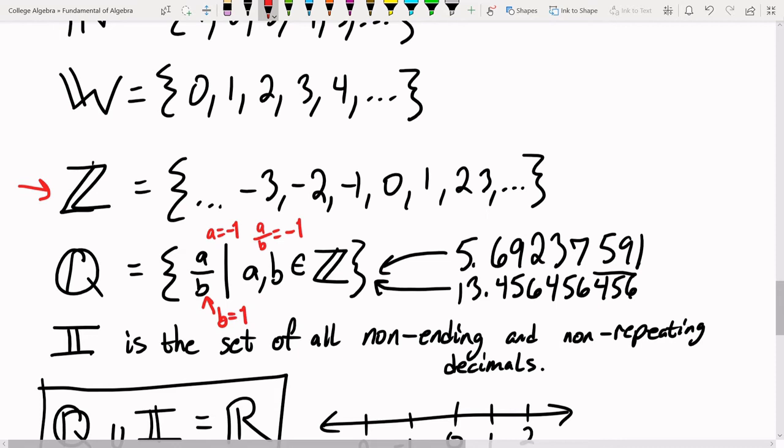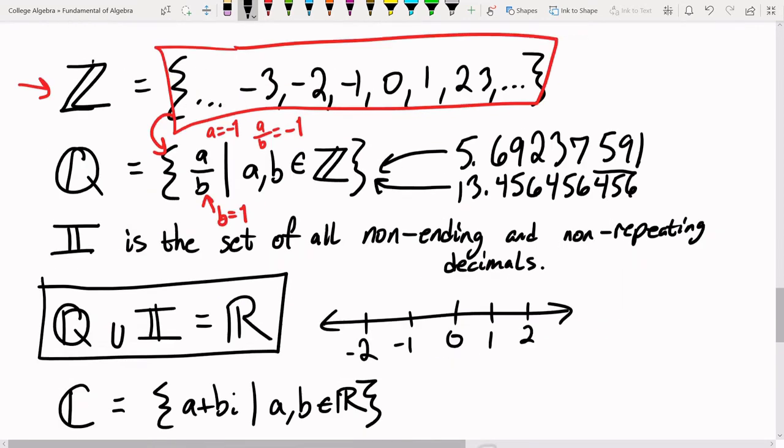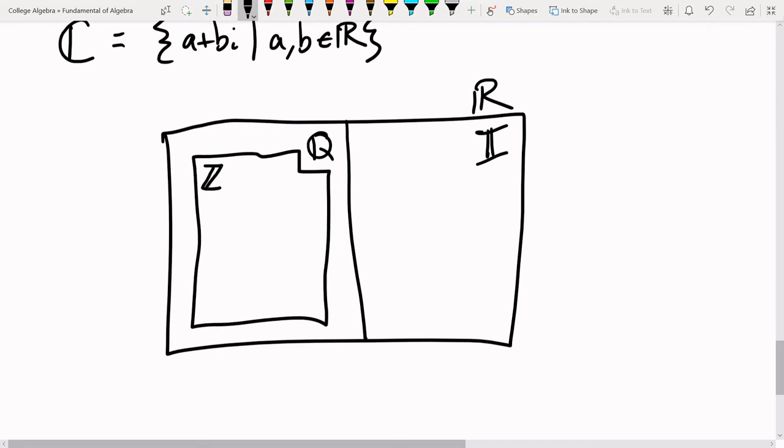In fact, all of the integers are contained within the rational number system. So we can kind of create this little box inside of the rational numbers and say, this is where all of the integers reside.